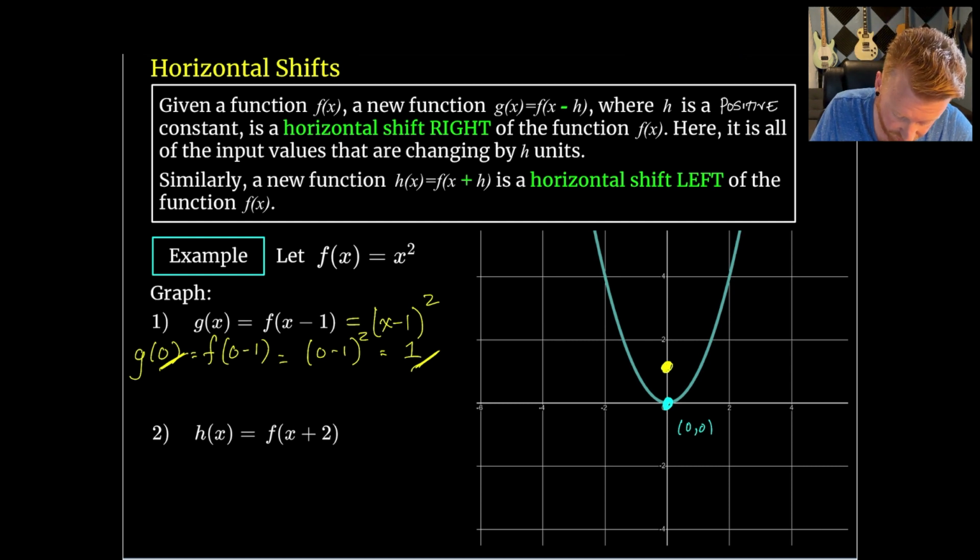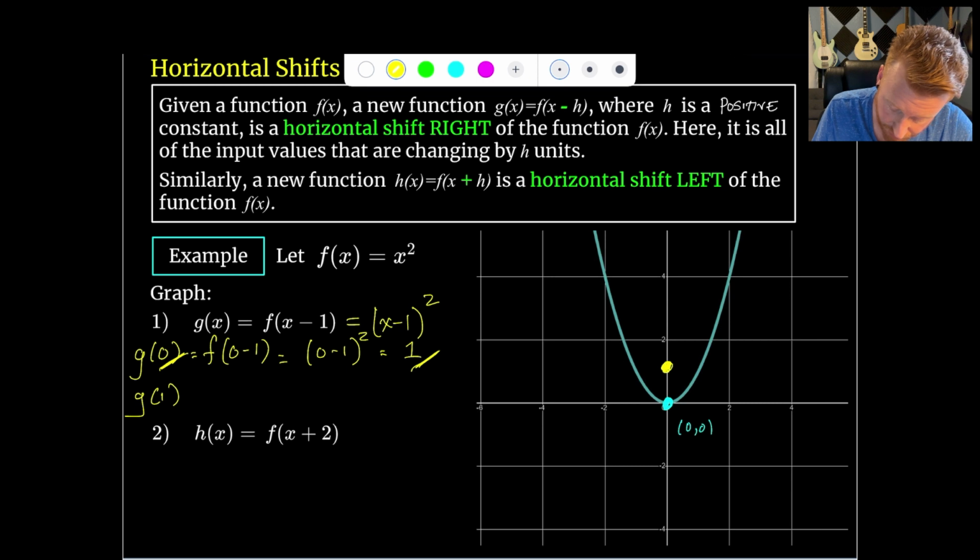So let's see what happens if I plug in g of 1. So we're looking at the original point here, this point here at (1, 1). And if I plug in g of 1, well, that's going to be the same as f of 1 minus 1.